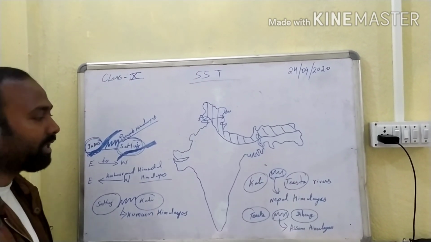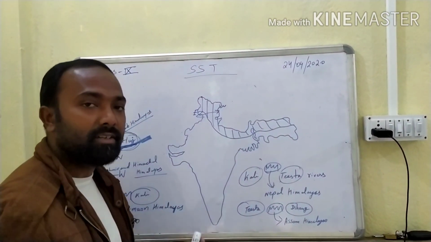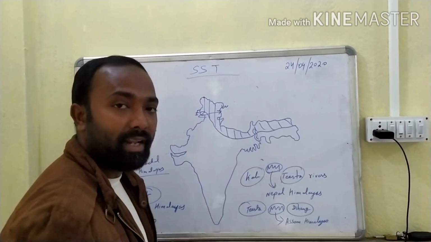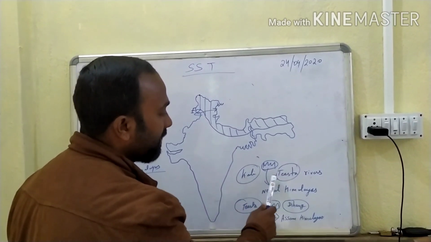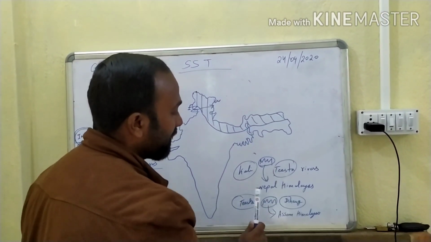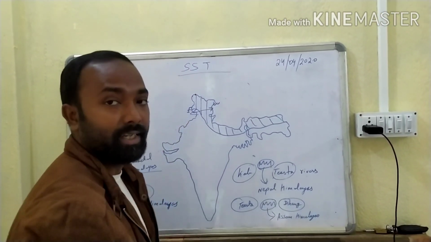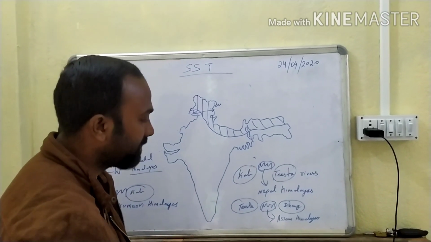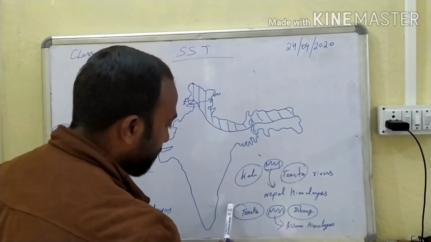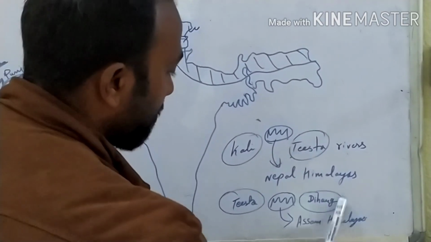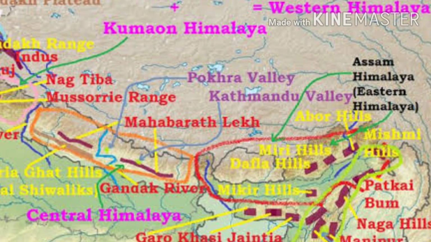In a similar way, the part of the Himalayas that lies between river Kali and Tista river is called the Nepal Himalayas. In a similar manner, the part of the Himalayas that lies between Tista river and Dihang river is known as the Assam Himalayas.